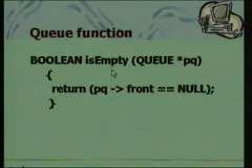It simply returns true when the front of the queue data structure pointed to by PQ is equal to null. When we say Boolean, it returns either true or false. All these functions, is full and is empty, we have defined earlier also, and you must see the logic has changed now, because here we are working with a different type of data structure.